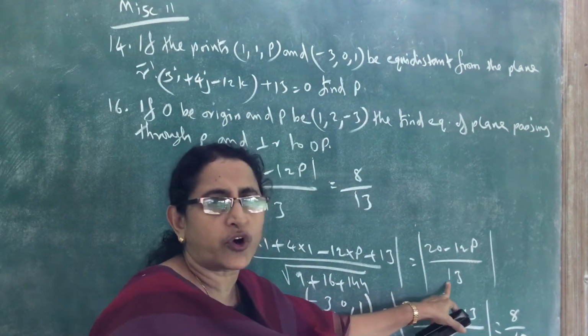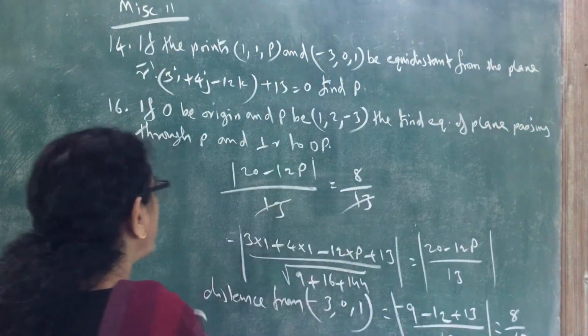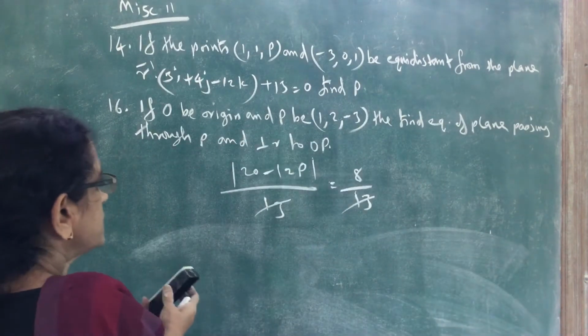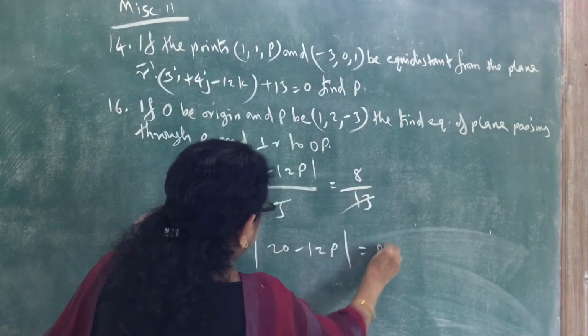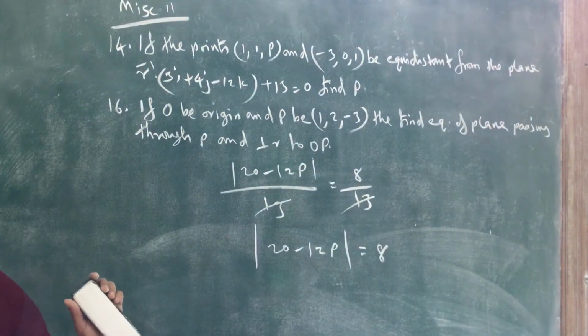Now instead of writing modulus for everything, only the numerator has the modulus. So 13 we can cancel from both sides. So we get modulus of 20 minus 12p equal to 8. When there is a modulus of a value, we have to consider two cases, plus or minus.